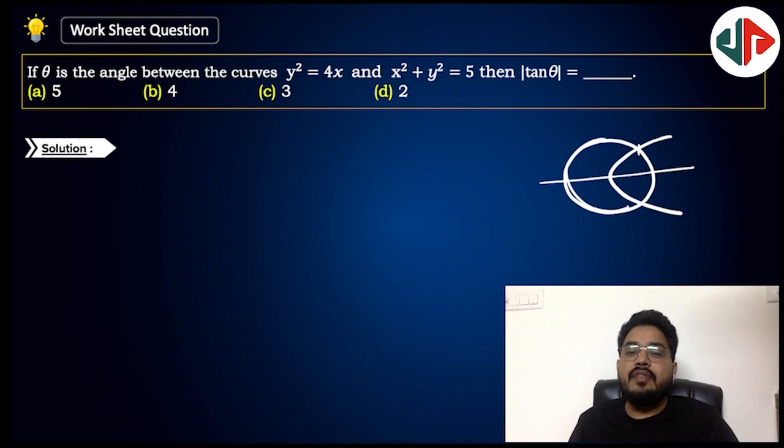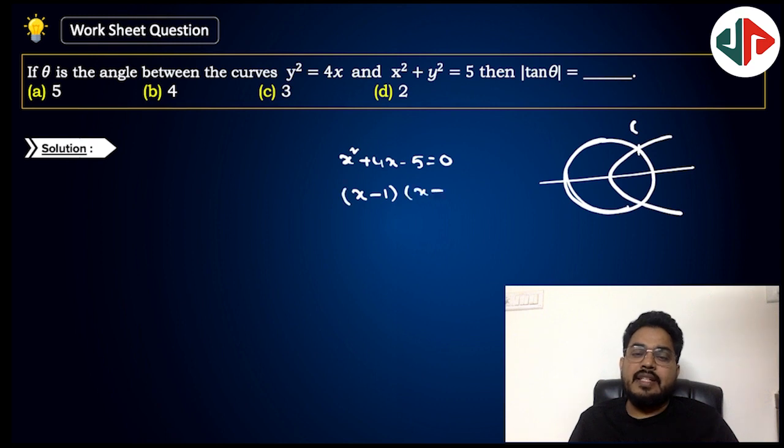The point of intersection: y square is equal to 4x. So it is x square plus 4x minus 5 is equal to 0. So (x minus 1) into (x plus 5) is equal to 0.